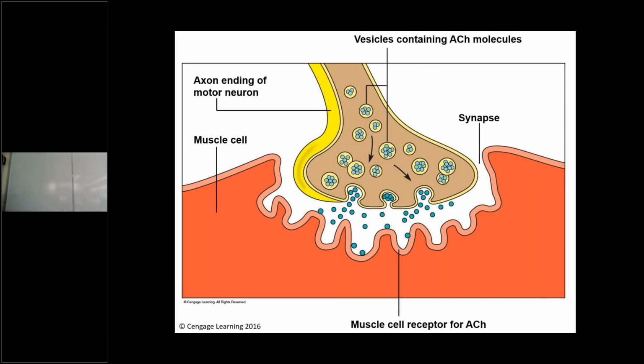And here it's just showing you an image of that neuromuscular junction. And remember, calcium is also important here for there to be this release of that nerve chemical. Remember I talked to you about that nerve chemical. It's called acetylcholine.